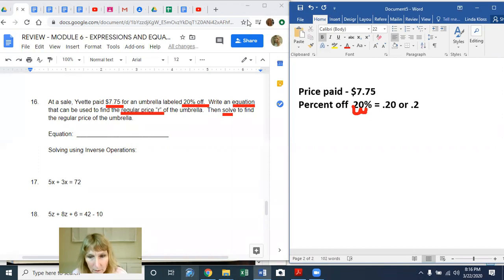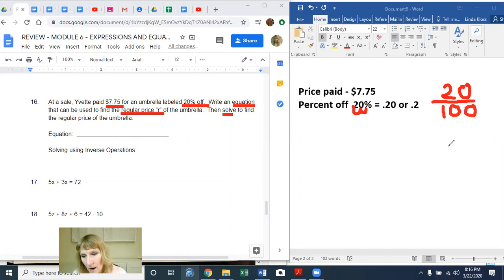Well, if we think back, 20%, when we did our percent unit, is really 20 parts out of 100. Percent is always out of 100. So now if I were to divide 20 on the inside, divided by 100 on the outside, I have to put a decimal here and add another 0. So put the decimal up here.